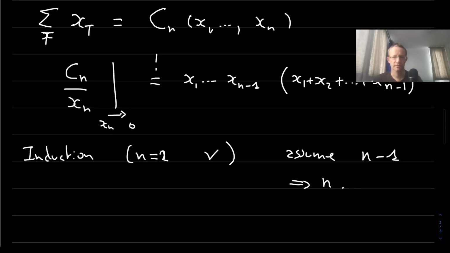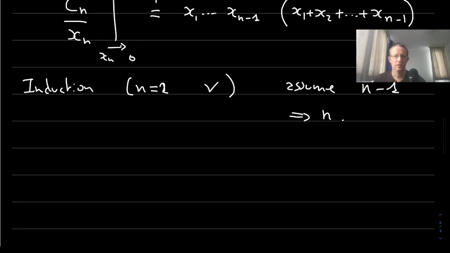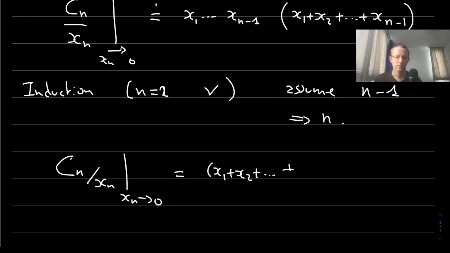So if it is true for n minus 1, then the previous expression, so Cn over xn, for xn going to 0, is x1 plus x2 plus dot dot dot plus xn minus 1 times the sum over spanning trees with n minus 1 vertices in the variables x1 to xn minus 1.